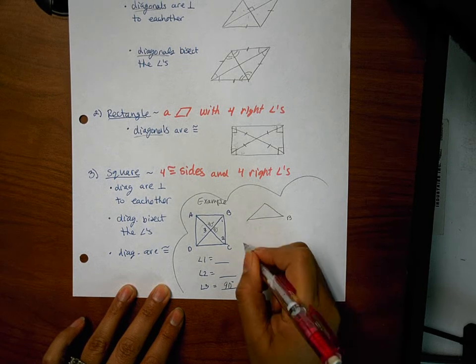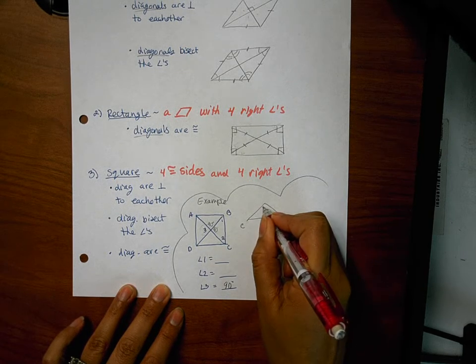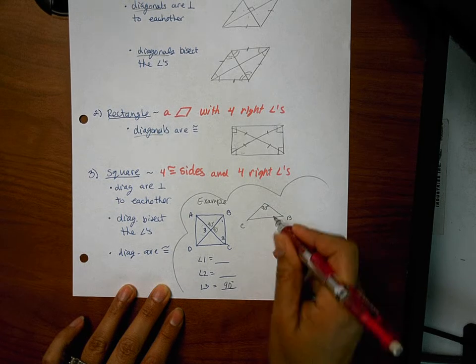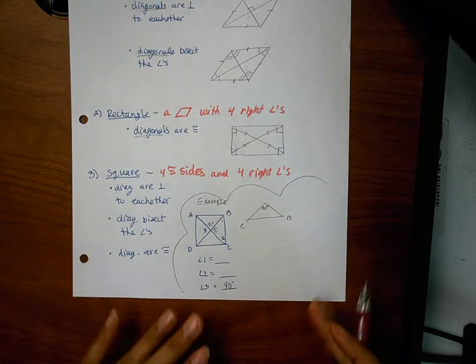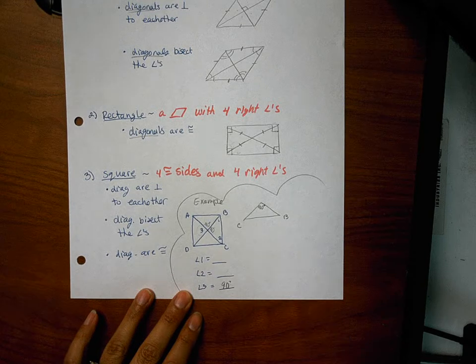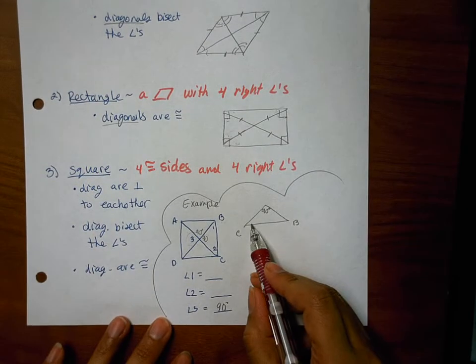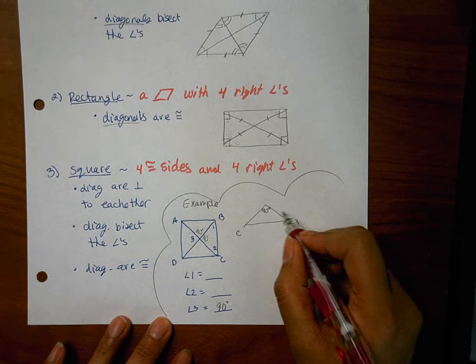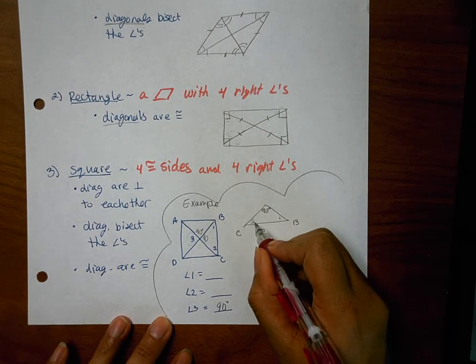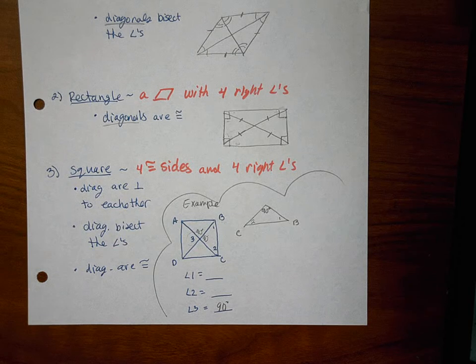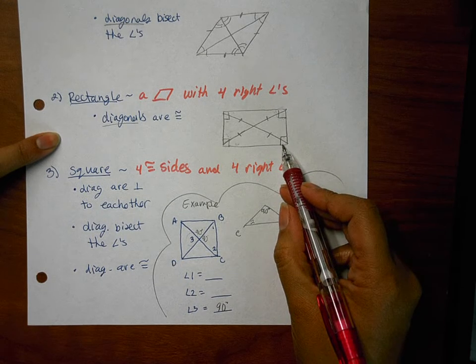Okay, I'm going to take that picture and I'm going to redraw it here just so we can see it a little better. There's B, there's C, and this is the 90 degrees. Do you see? I just tilted it over so it's a little easier to see. Now when you're looking at it this way, we're looking for angles 1 and 2.